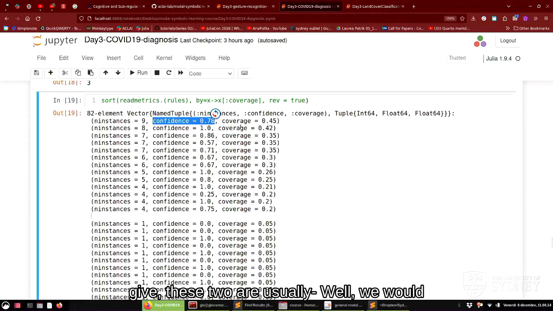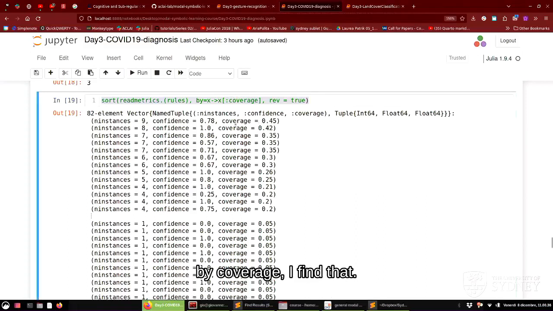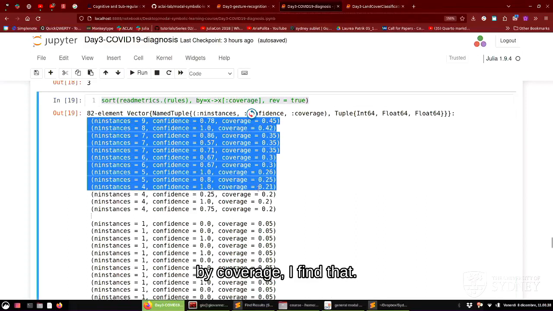We would like to have rules that have a high coverage and a high confidence, right? In general, they do not correlate. But here, for example, if I take the rules and I sort them by coverage, I find that.